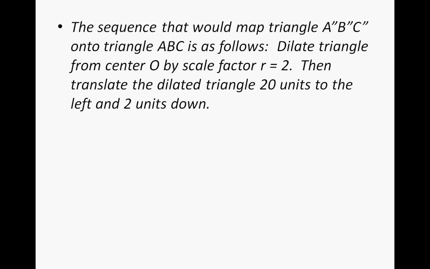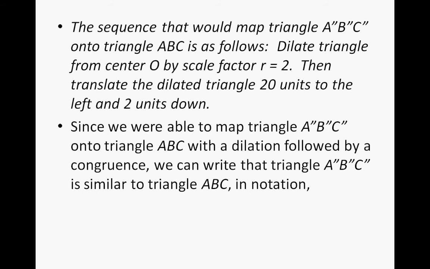The sequence that would map triangle A double prime, B double prime, C double prime onto triangle ABC is as follows. Dilate the triangle from center O by a scale factor of r equals 2. Then translate the dilated triangle, which is again A triple prime, B triple prime, C triple prime, 20 units to the left and 2 units down.